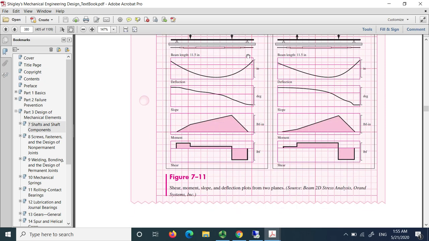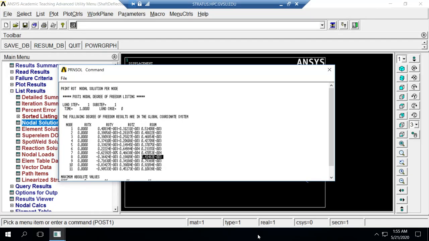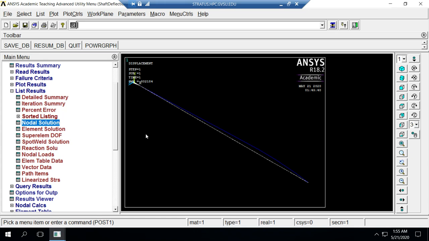But now that you have access to ANSYS, you see this is how you can analyze a shaft. To find deflection, I used a linear model, a wireframe.